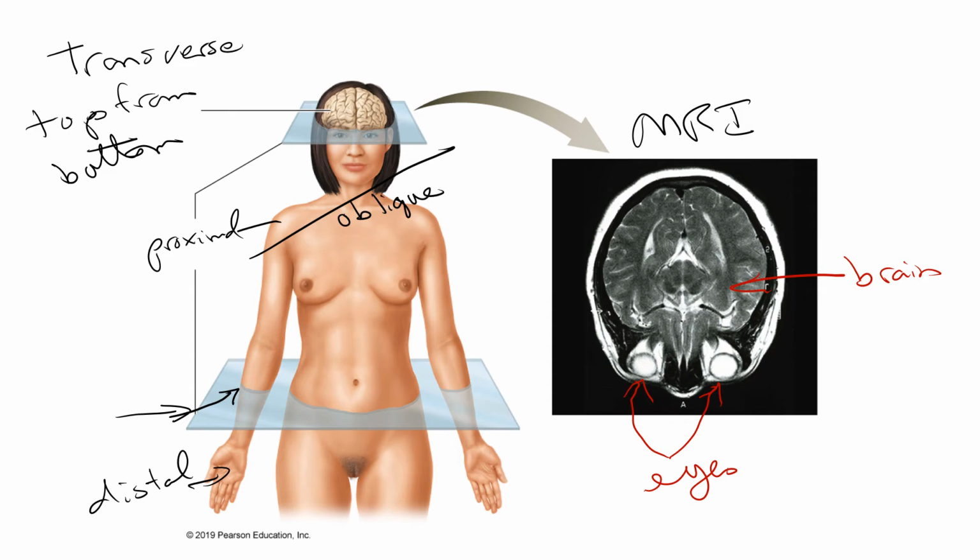It can be that angle, it could be this kind of angle, it could be much steeper, or it could be even just slightly off of transverse. You're probably going to call this a transverse section if it's that shallow an angle, but it still technically is an oblique section. All right, next slide.